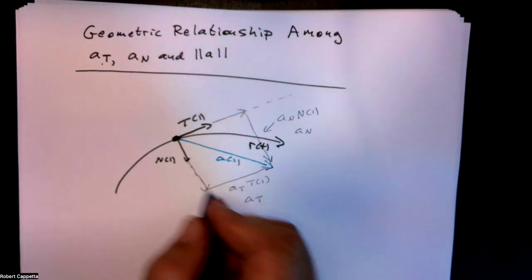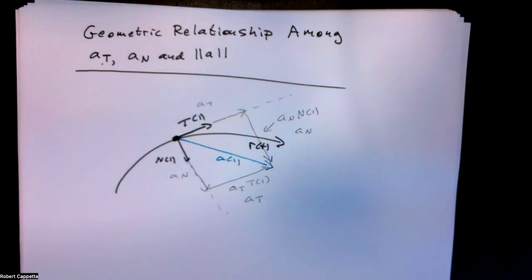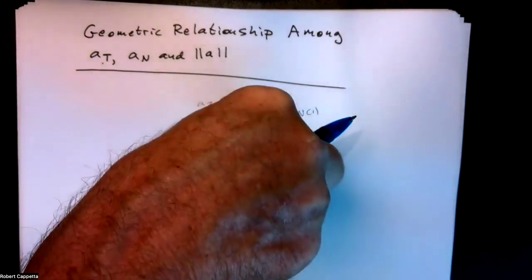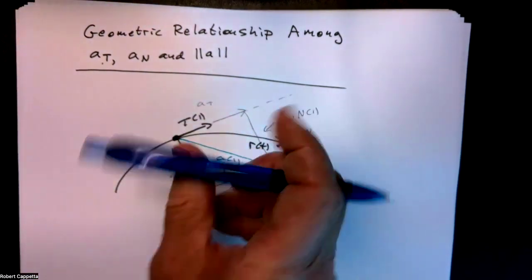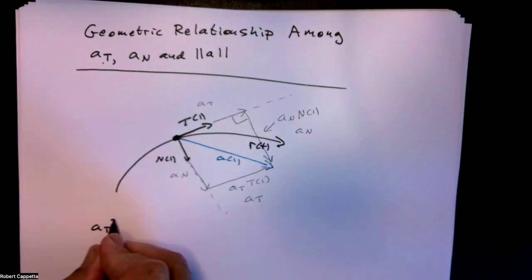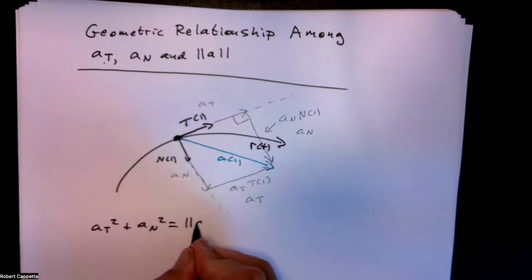So again, over on this side, this would be a sub N, and this would be a sub T in terms of length. So do you see the Pythagorean theorem here? If this length is a sub T, and that length is a sub N, and that length is a, and these are right angles, Pythagoras tells us then that a sub T squared plus a sub N squared has to be the magnitude of a squared.